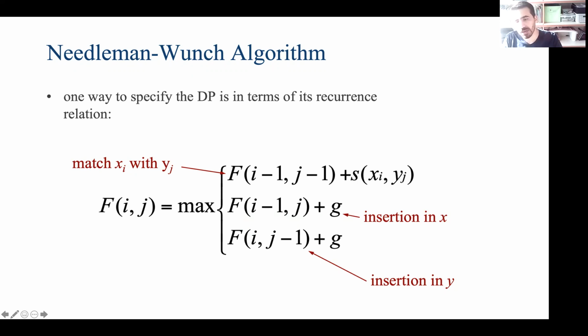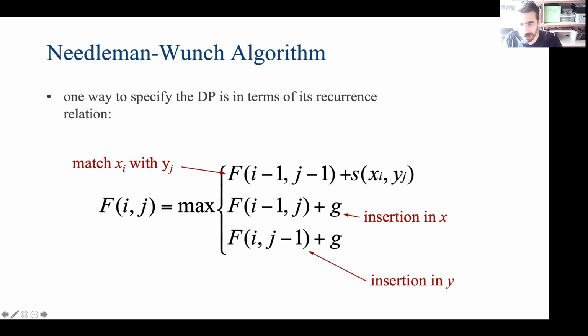Or you have a score of insertion: the alignment score F(i-1, j) plus the gap penalty score. And here, vice versa: the gap is introduced in the other sequence, F(i, j-1) plus the gap penalty score.